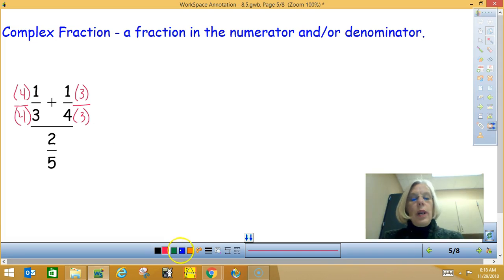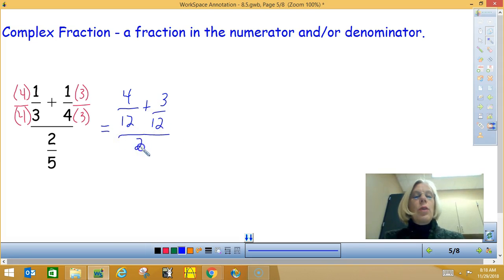So now in the numerator, we have 4/12 plus 3/12. That sum is divided by 2/5. Now we can add in the numerator, that is 7/12. So 7/12 is divided by 2/5.